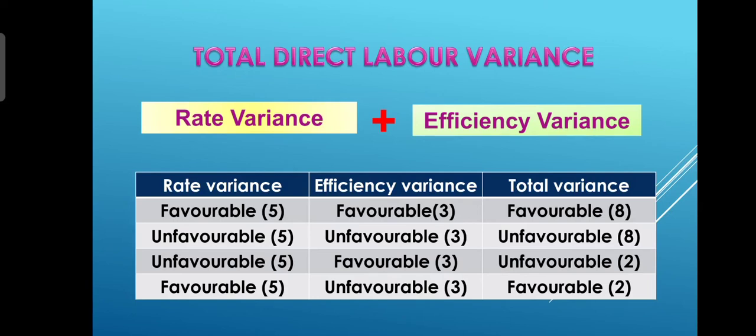If the rate variance is unfavorable 5, efficiency variance is favorable 3, total variance will be unfavorable 2. If rate variance is favorable 5, efficiency variance is unfavorable 3, and total variance will be favorable 2. Do you understand?